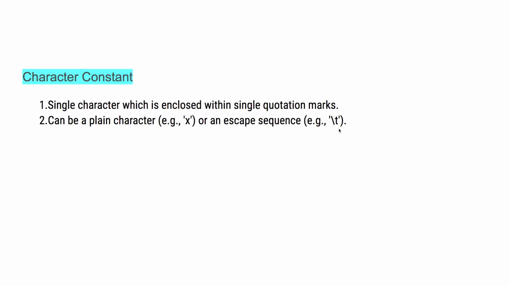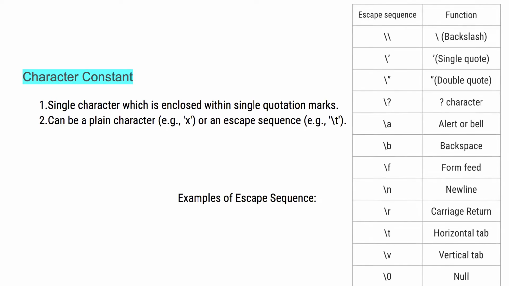Let's go through a few examples of escape sequences available in C++. Our first one is double backslash, which is used to print a backslash. Backslash single quote is used for single quote. This is used for double quote.